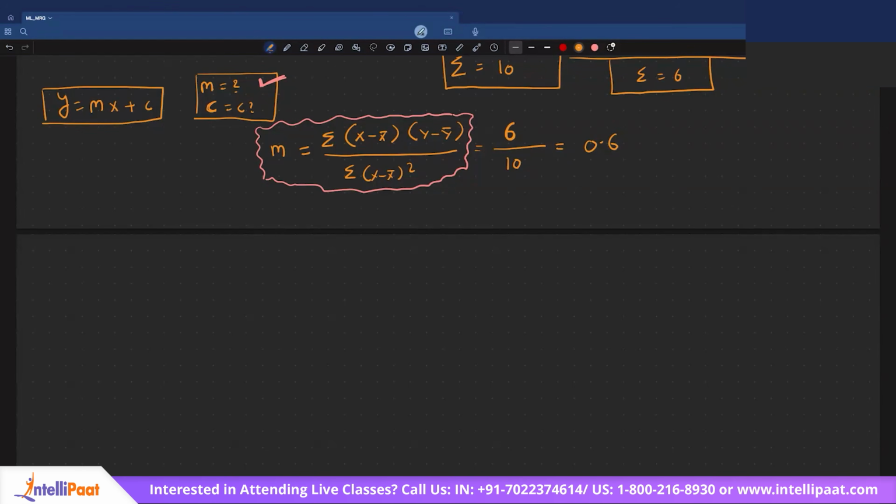The reason I am not going ahead with the derivation and explaining logically how we arrived at this conclusion is because it will end up taking a lot of time. Number one. Number two, the mathematical reasoning that it takes to arrive at this solution is also going to be very, very complicated for a few people.